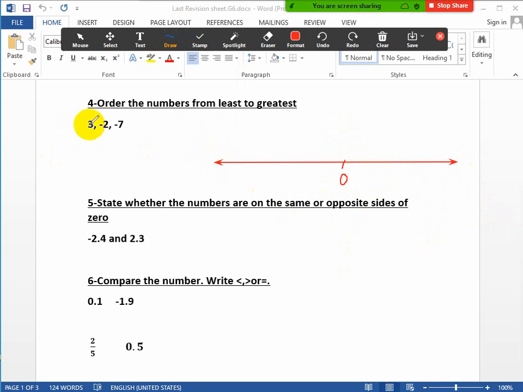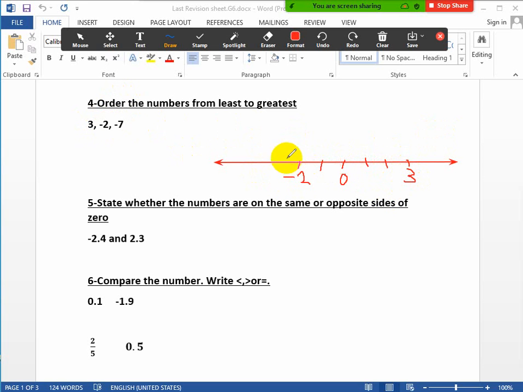So first thing, I will locate the numbers on the number line. Okay, first number will be 3, so it will be on the right side of 0, 1, 2, and here this is 3. Negative 2, it will be on the left side of 0, 1, and this is negative 2.